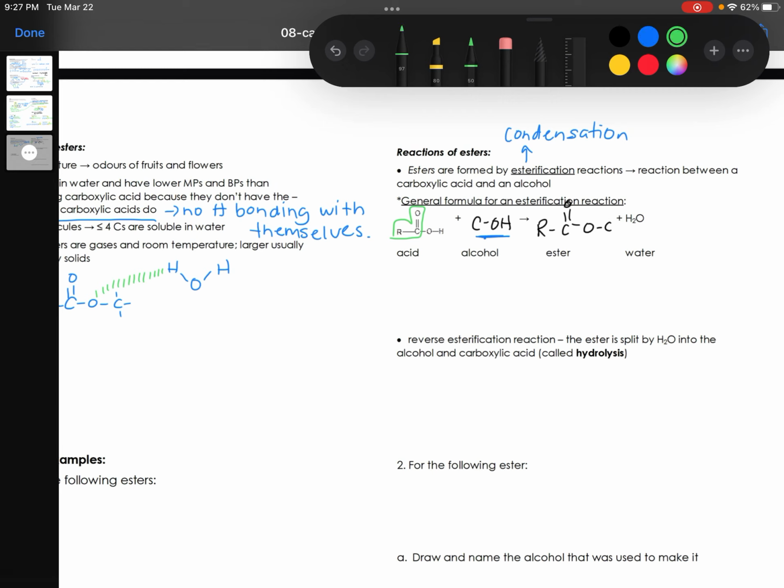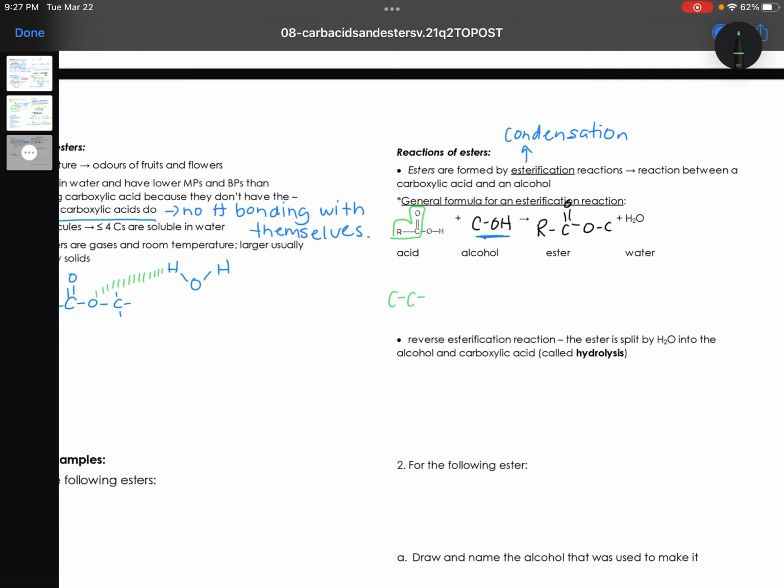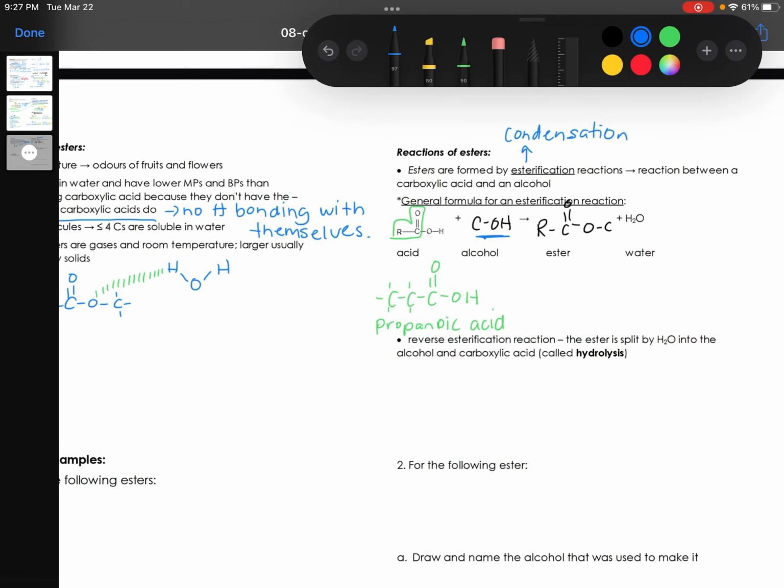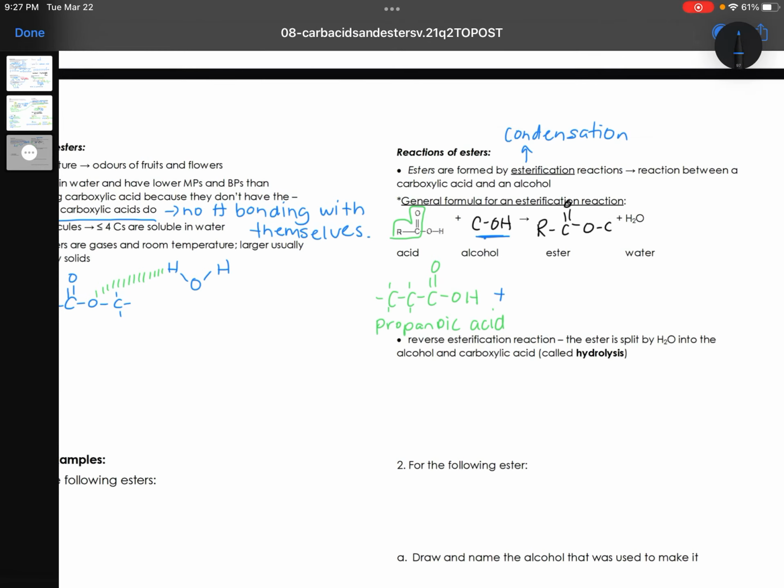So let's do prop. We'll do propanoic acid. Because propanoic has the C double bond O, that side of the ester functional group, or that side of the ester linkage, comes from the acid, versus the alcohol, which has an OH. I'm going to draw it like this, just so I can make water.